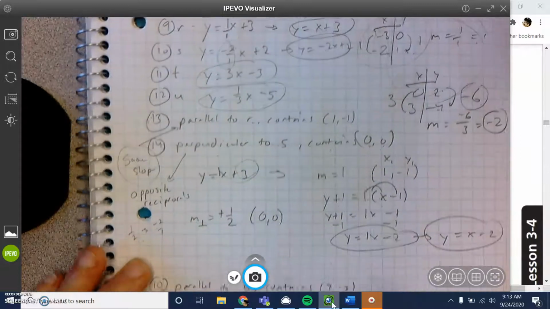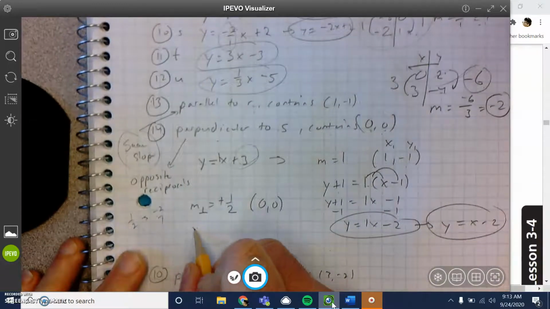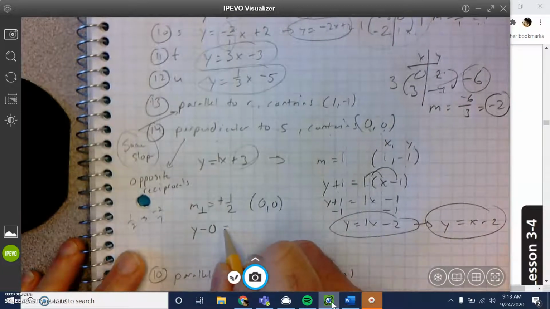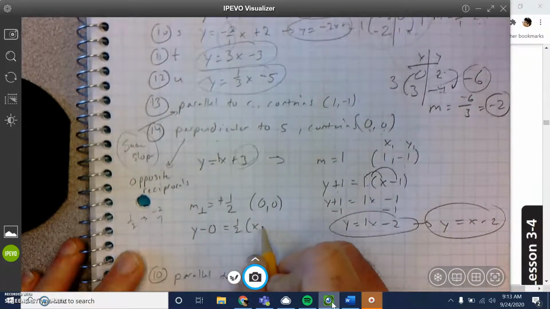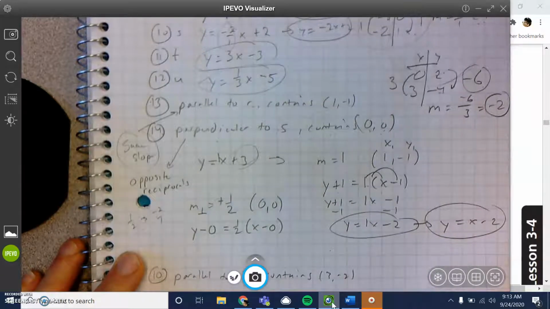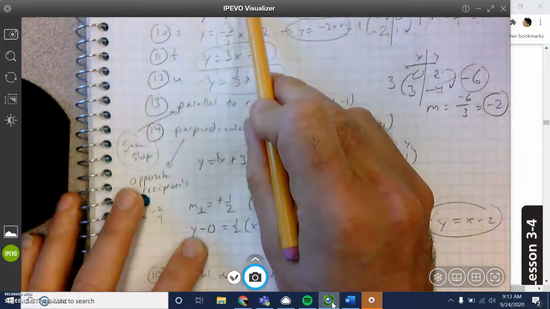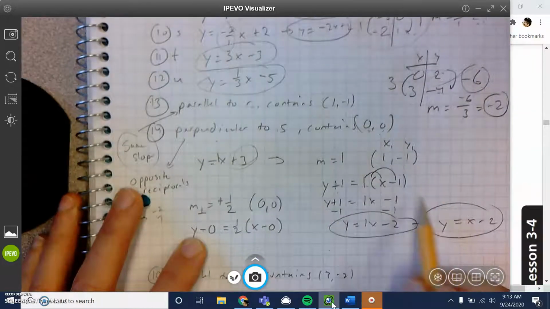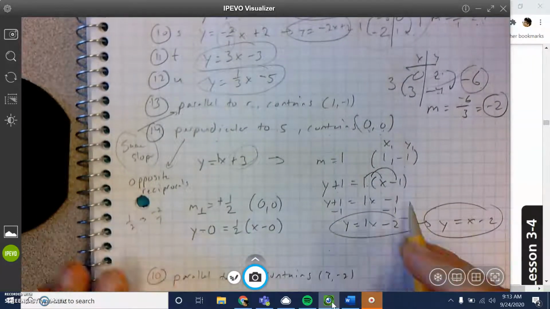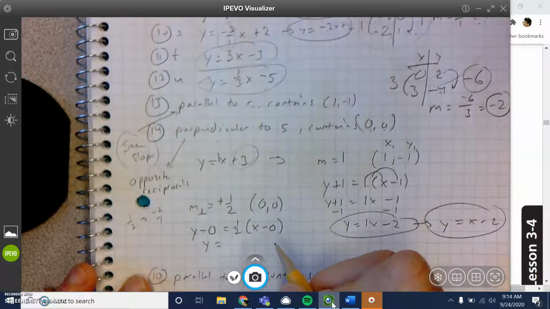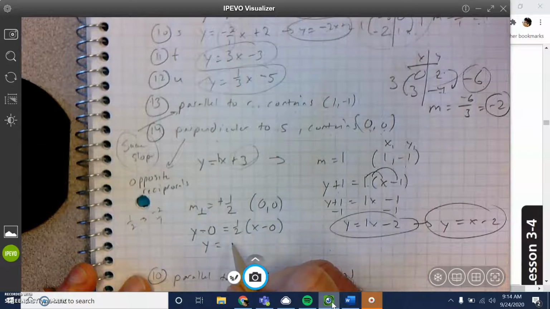Bam. So now I can write this in point slope form. Y minus 0 equals 1/2 x minus 0. Now I'm solving for y to get in slope-intercept form because that's what it asked for, just like this. So I'm doing the same thing here. Y minus 0, anything minus 0 is just itself. 10 minus 0 is 10, 100 minus 0 is 100, y minus 0 is y.